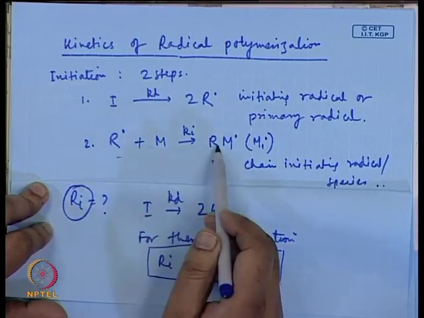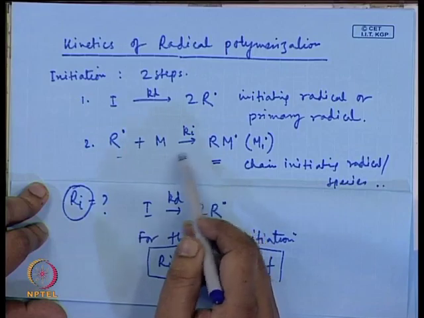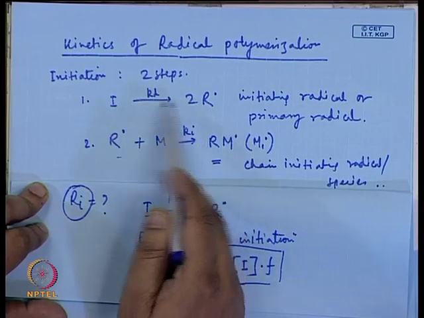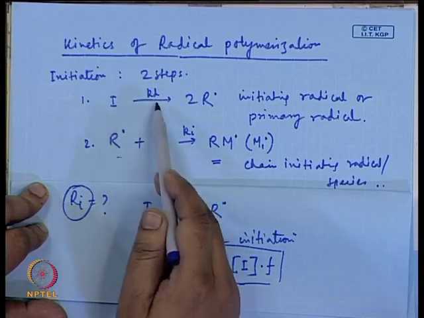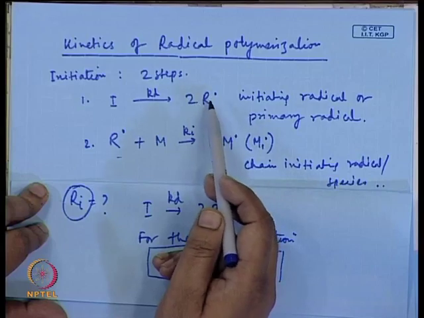Now, the fact is that this is the very first reaction, and this as well as all the propagating reactions are very fast compared to the initial dissociation reaction of the initiator molecule into 2 radicals.